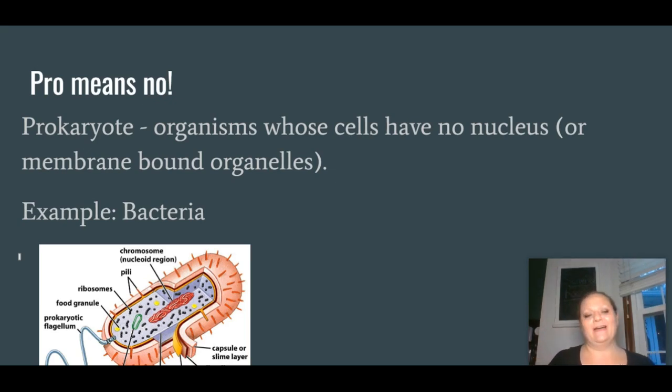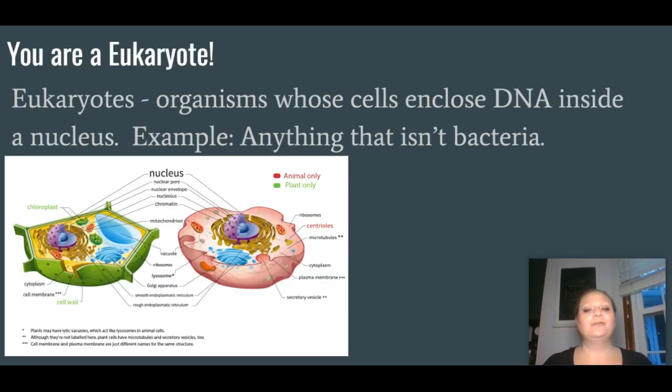So everything else is going to be a eukaryote. Eukaryotes like to keep their DNA nice and safe inside a nuclear membrane. We also have things like chloroplast, and we have things like mitochondria, and all of these things that are surrounded by membranes. Eukaryotes are much more advanced.